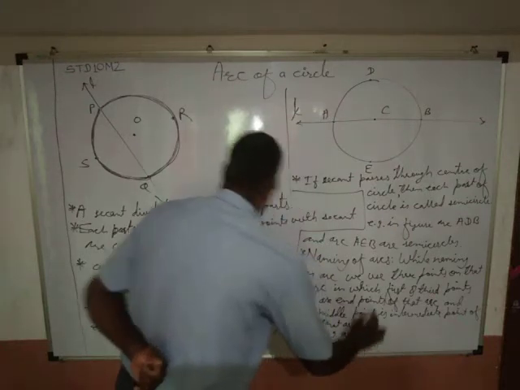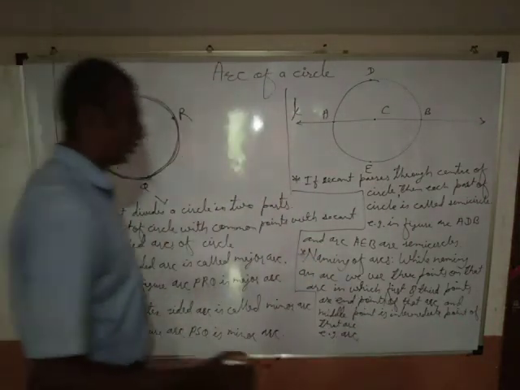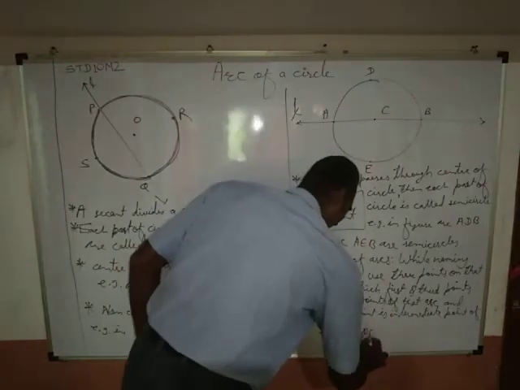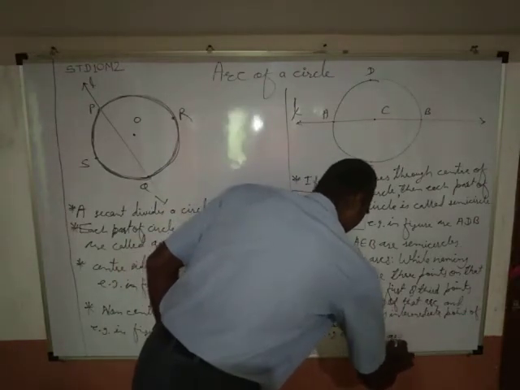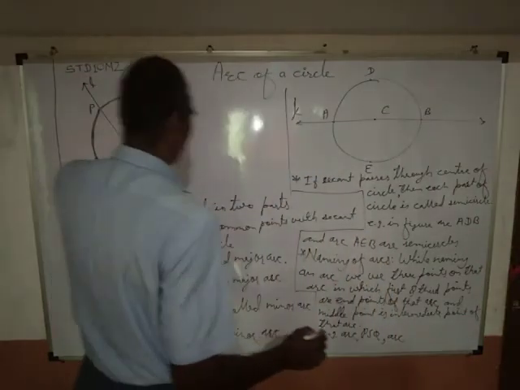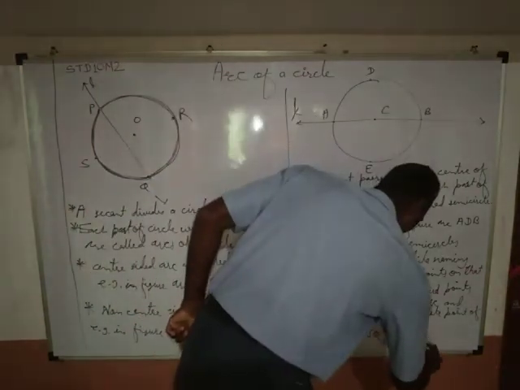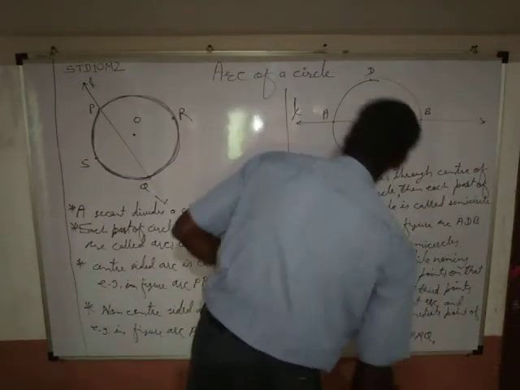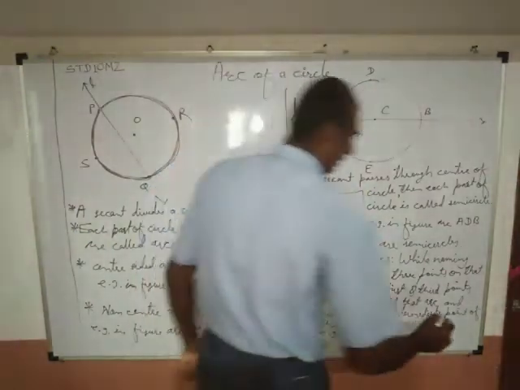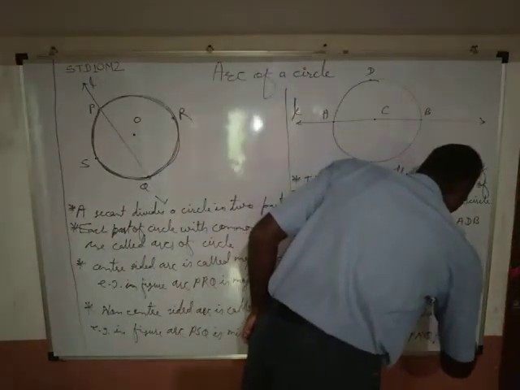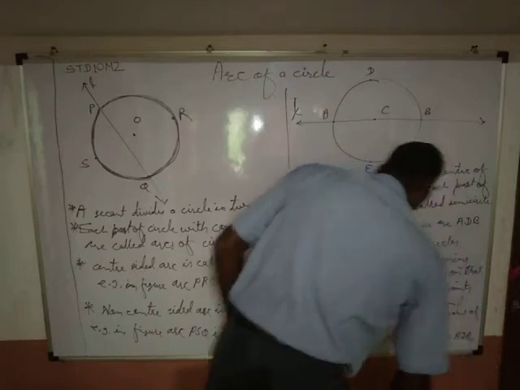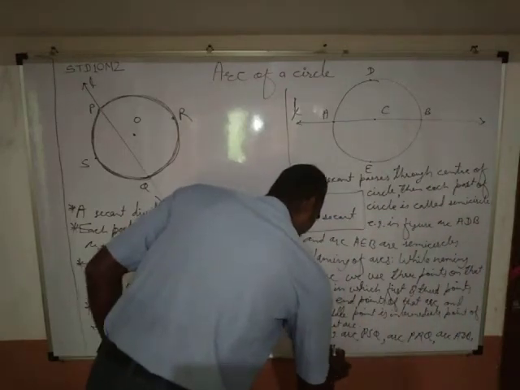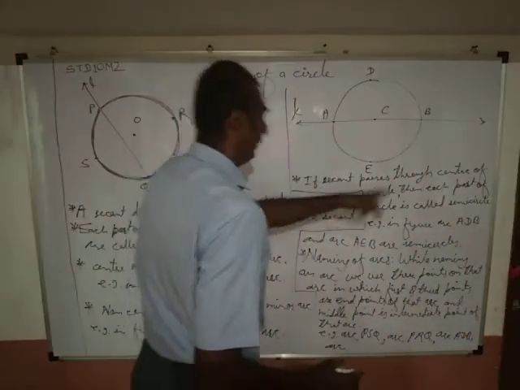Example, arc PSQ, arc PRQ. Okay, here arc ADB, then arc AEB.